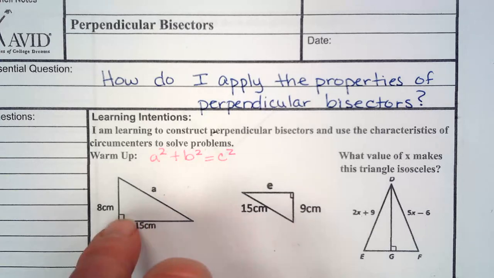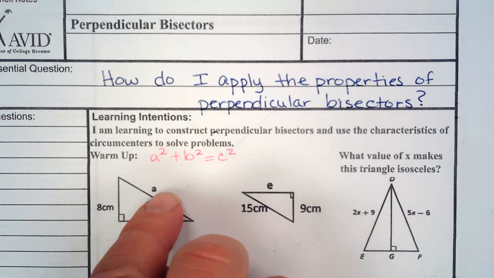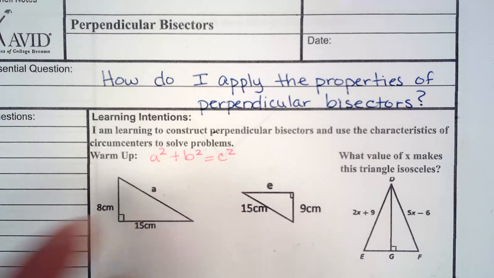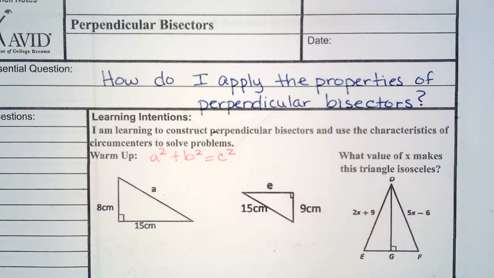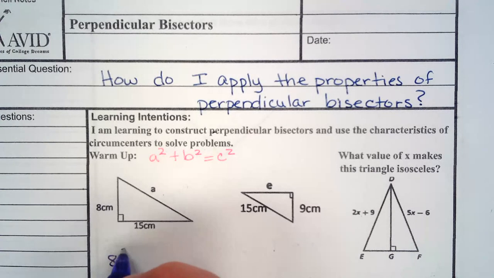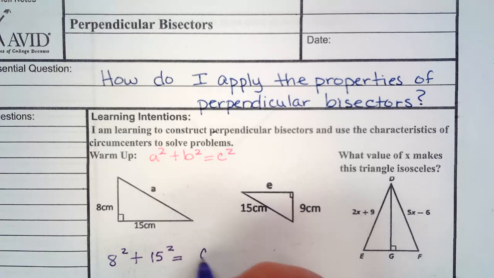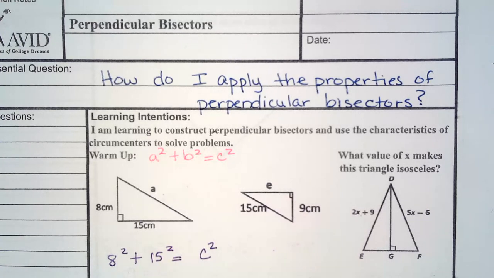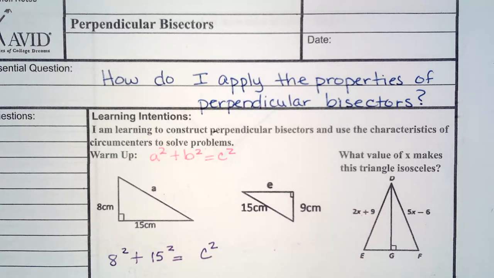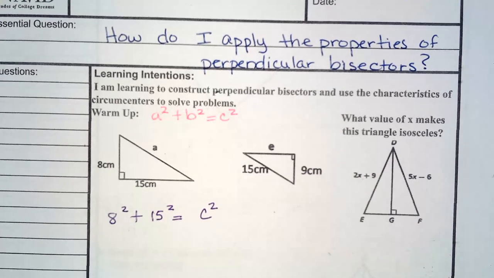C is the longest one. It's a hypotenuse. The hypotenuse is straight across from the right angle. 8 squared plus 15 squared is equal to c squared. I'm going to use c instead of a just because I feel more comfortable with it.